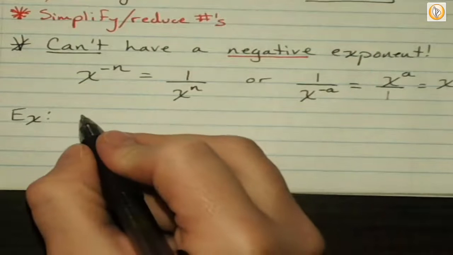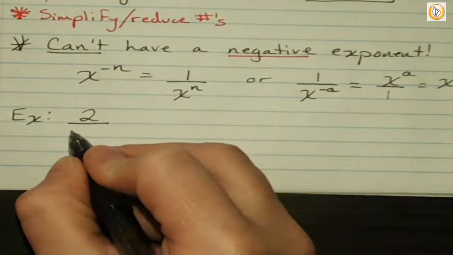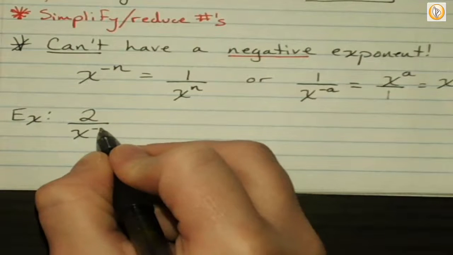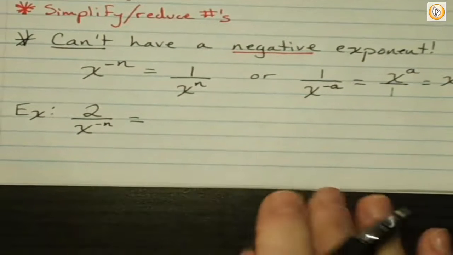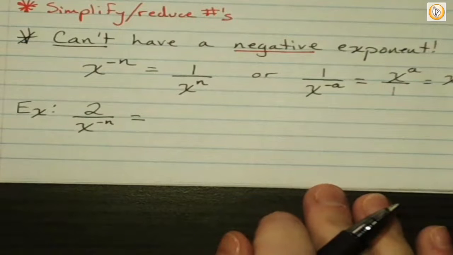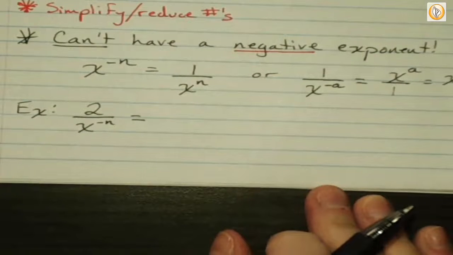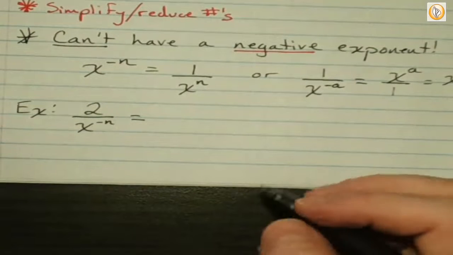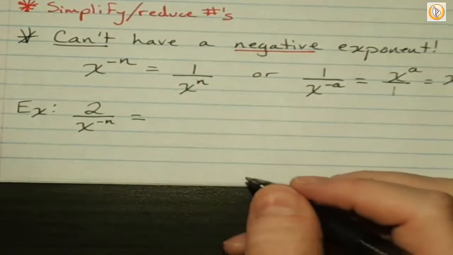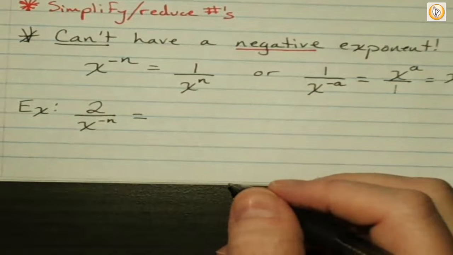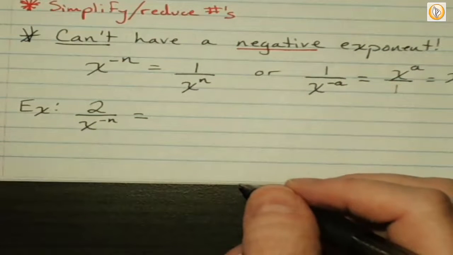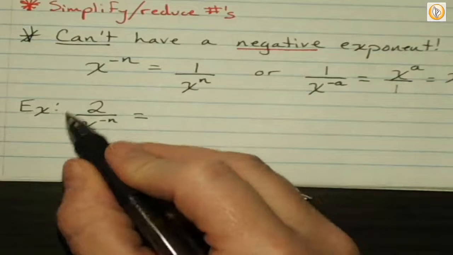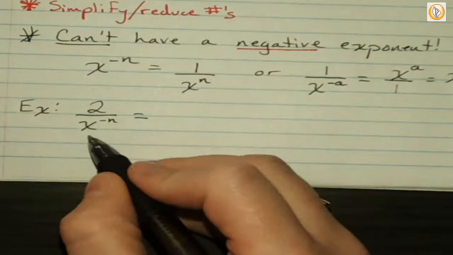All right, let's say I have 2 over x to the negative n power. Emily, I can't have a negative exponent, so what would my answer be? How do I fix that? Okay, so why would I need to move the 2 down?